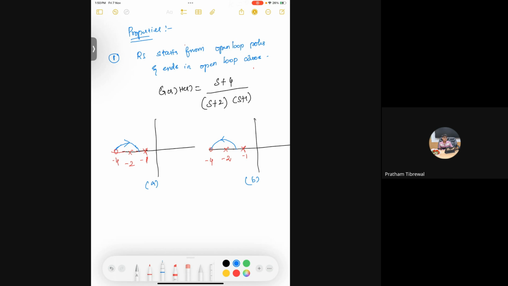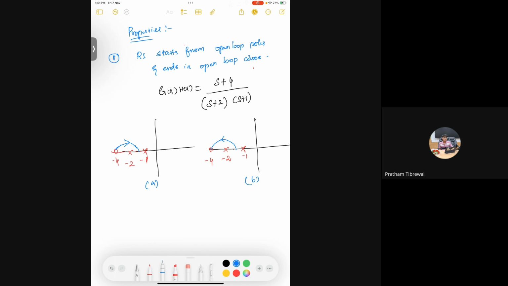B. Gayatri is telling B. Does anybody have any other options? And Gayatri, why do you think B will be the correct one?